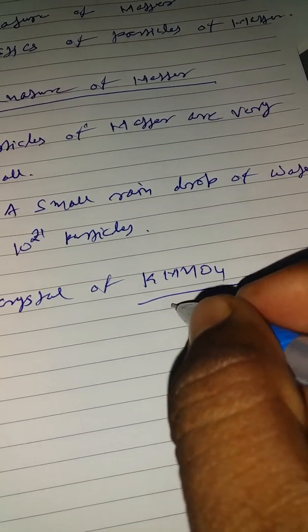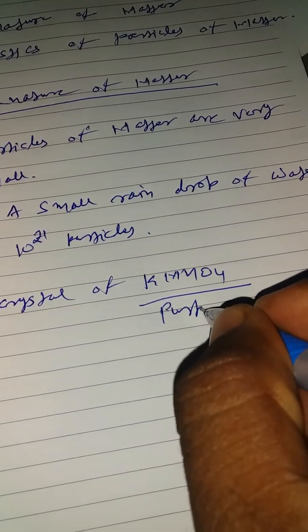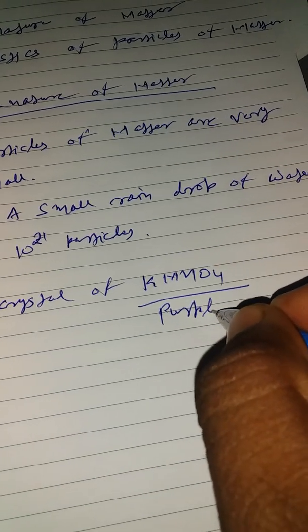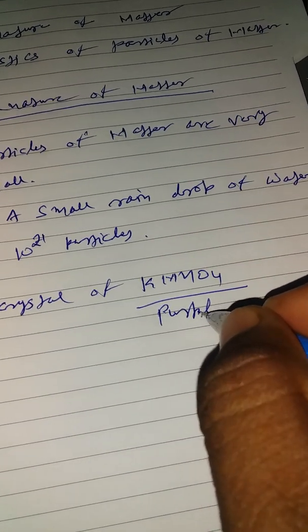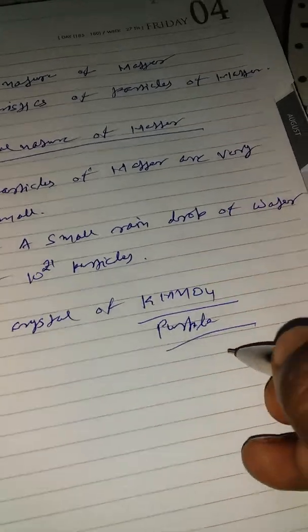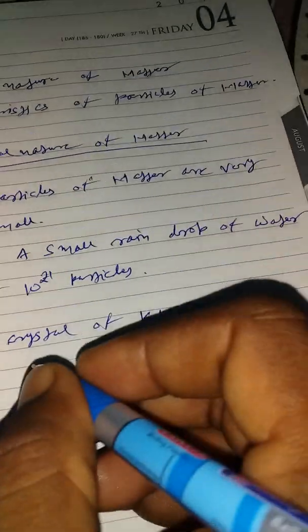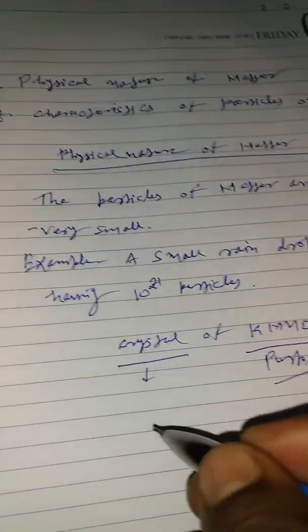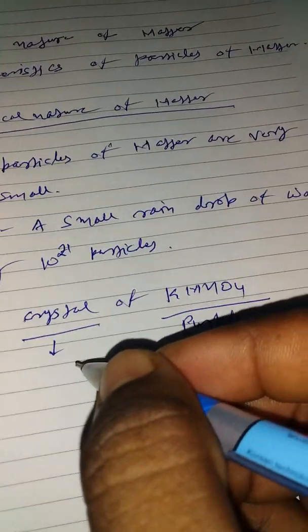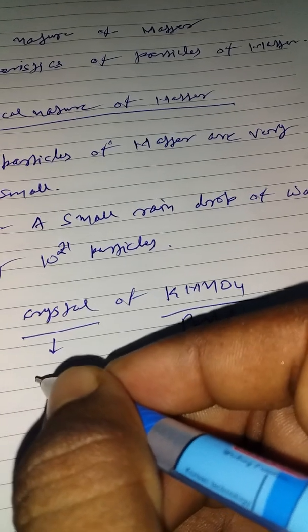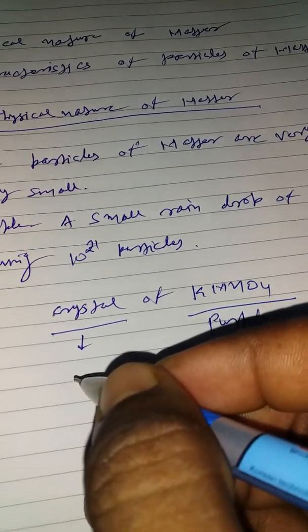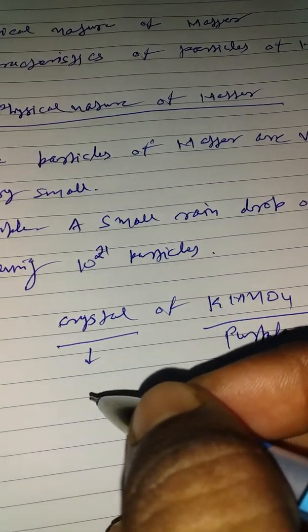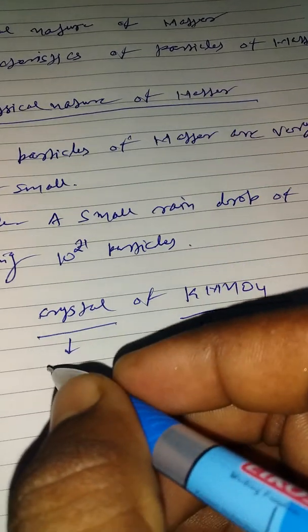The color of potassium permanganate is purple, a mixture of red and blue colors, and crystal means it is a type of solid, in which we discuss states of matter.